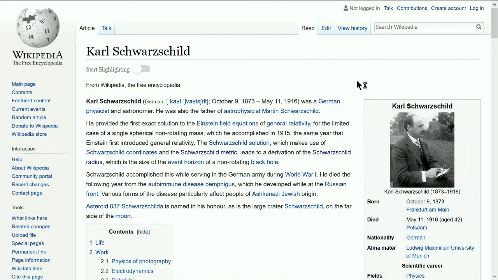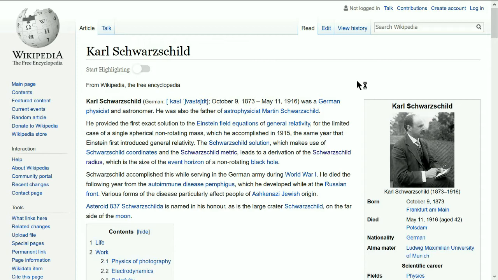And as the Wikipedia entry says, he was a German physicist and astronomer, and he provided the first exact solution to the Einstein field equations of general relativity for the limited case of a single spherical non-rotating mass, which he accomplished in 1915, the same year that Einstein first introduced general relativity.